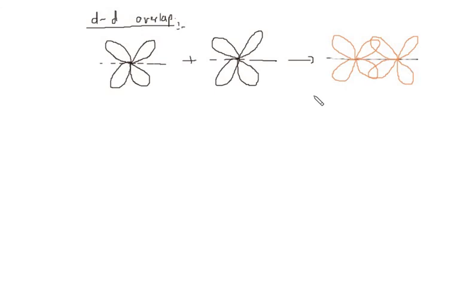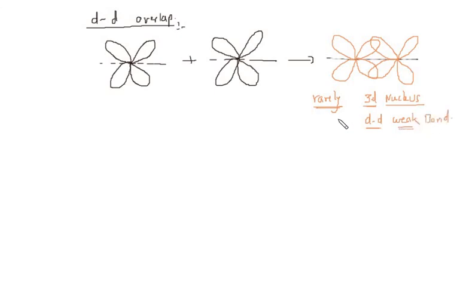It is very rarely observed, since the 3d orbital is quite away from the nucleus. So the dd overlap is a very weak type of bond, a very weak bond.